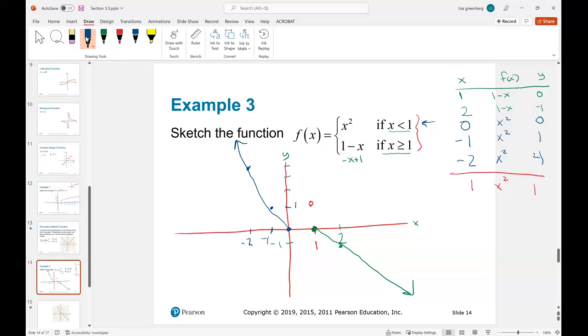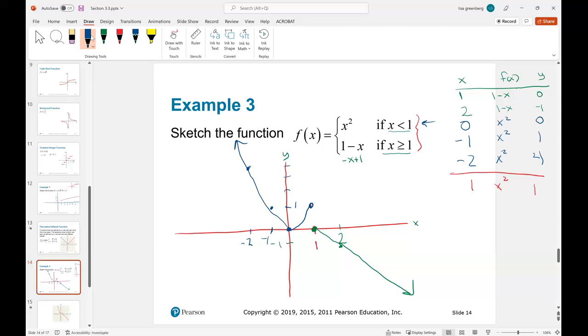But now I know this graph continues up like this. Well, it doesn't have an arrow. It continues up like this till it gets to 1, and then we have an open circle there because it doesn't include 1. Okay, so I do need to figure out what it would be if it included 1, but then I make it an open circle.